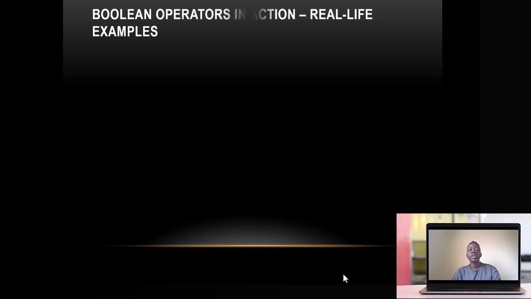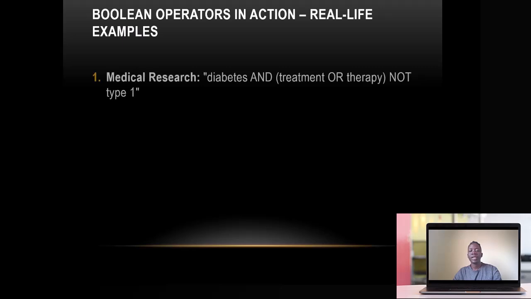Now let's look at examples of these Boolean operators in real-life application. One, in medical research, you can say diabetes AND (treatment OR therapy) NOT type 1. This type 1 is another type of diabetes. That is how you can use it to understand the order of operations.